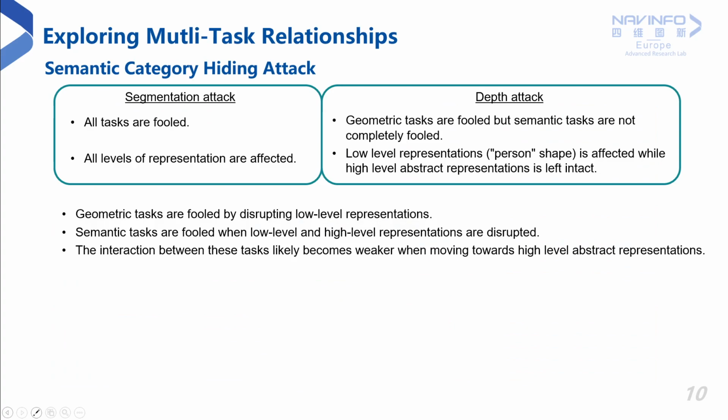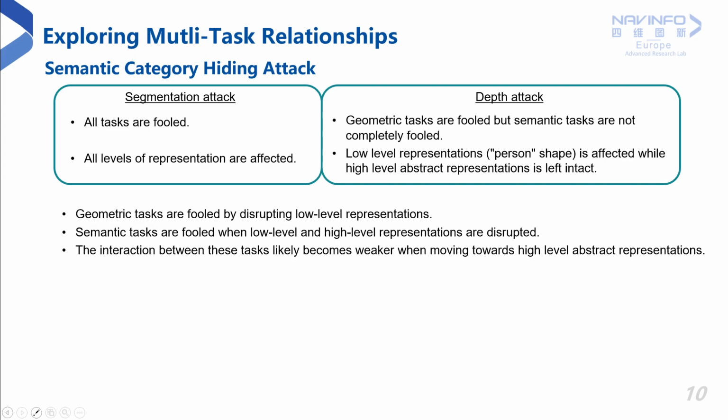When the segmentation attack is used, all tasks are fooled, likely because all levels of representation are disrupted. Under depth attack, semantic tasks still retain some predictions, but the person shapes are affected, likely because the lower level representations are disrupted.